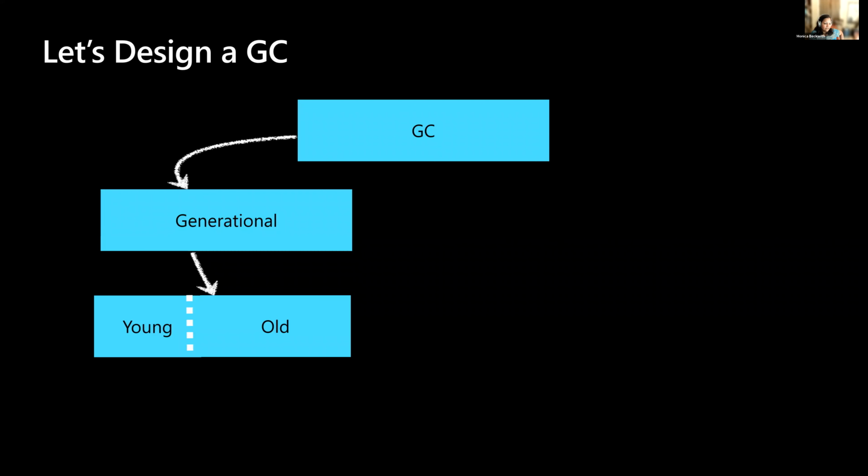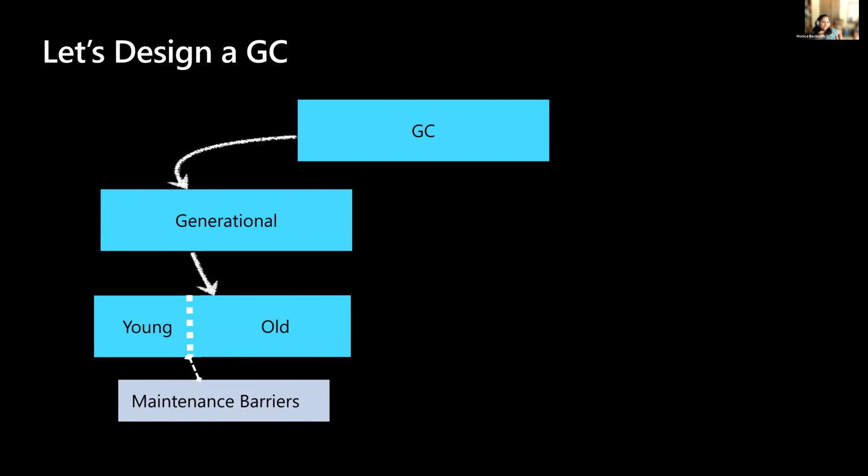Now, when you have generations, there is an overhead, and the overhead is because we're dealing with references. These collections are independent of each other, and as we promote live objects or move them within the old gen, we need to track these references.